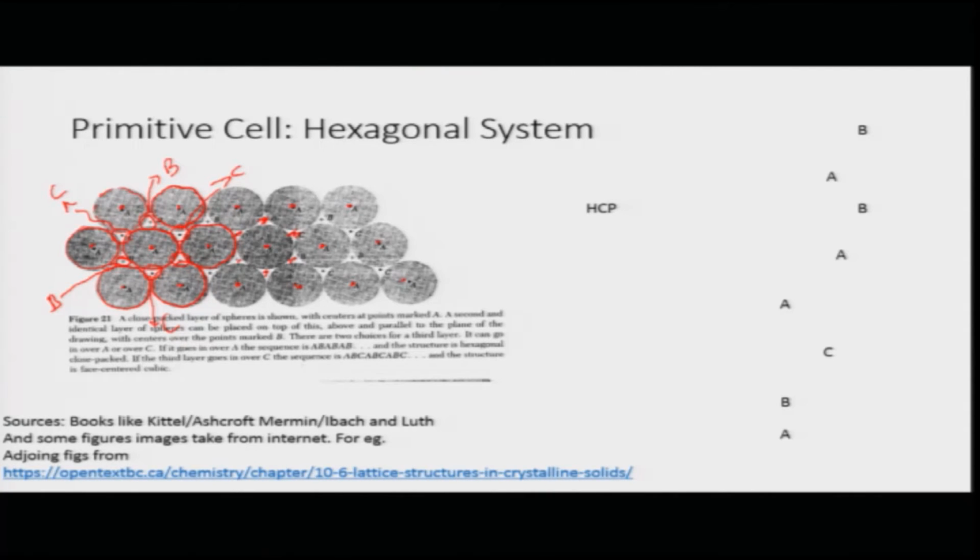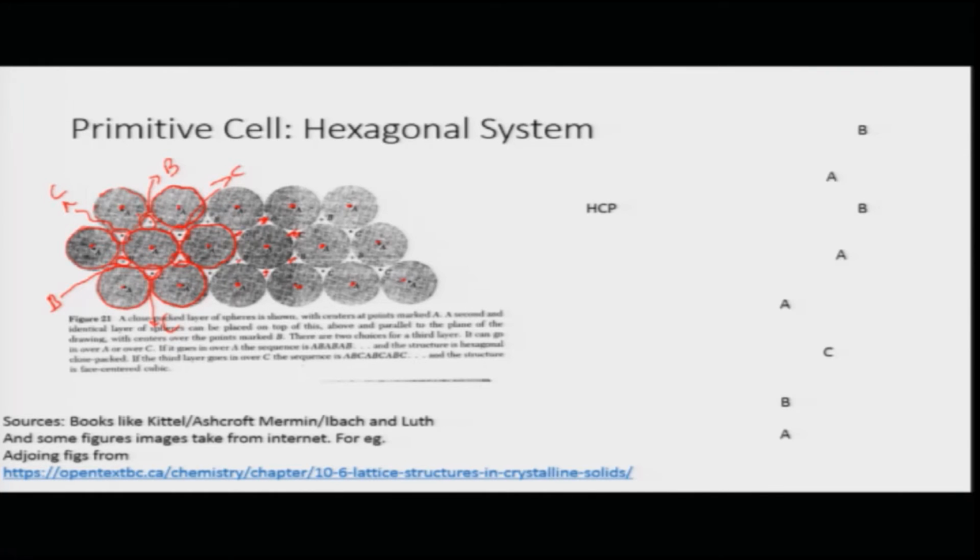Now, over the B type of gaps, if I place my next layer of balls, instead of placing it over A, I start placing it over these B gaps, only over the B gaps, and then the 3rd layer which I put will be above the A points.